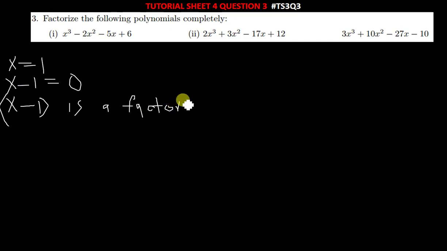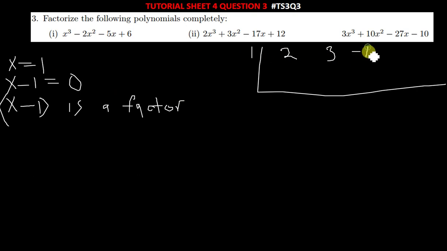From there you quickly move on to using synthetic division. You put 1 there, you write the coefficients. You have 2, you have 3, you have negative 17, and then we have 12 there. You bring down the 2, you multiply 1 times 2, you are getting 2.